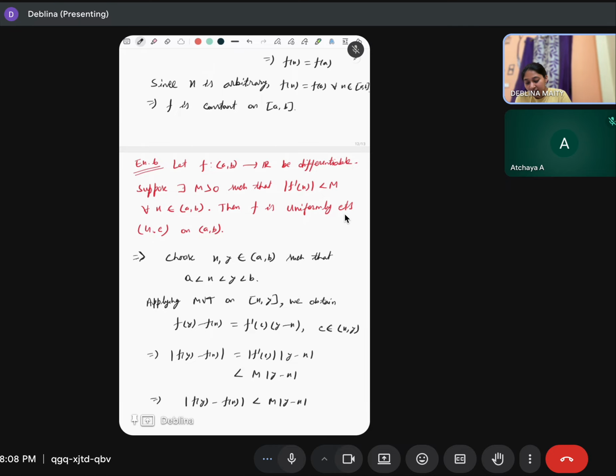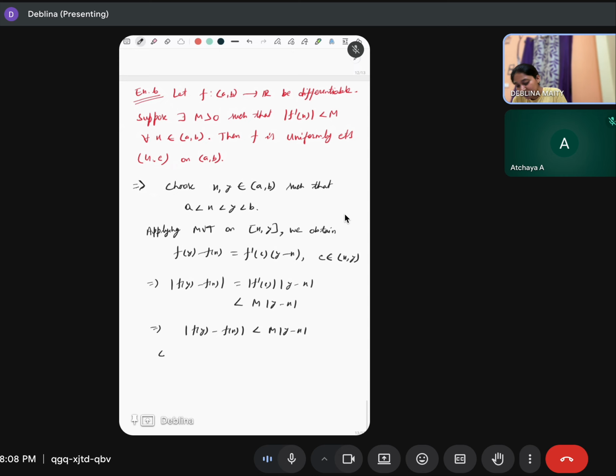Also, if we take a given epsilon greater than 0, then we can choose delta to be epsilon by m, right?